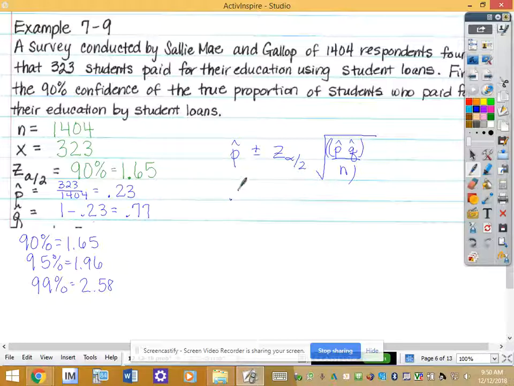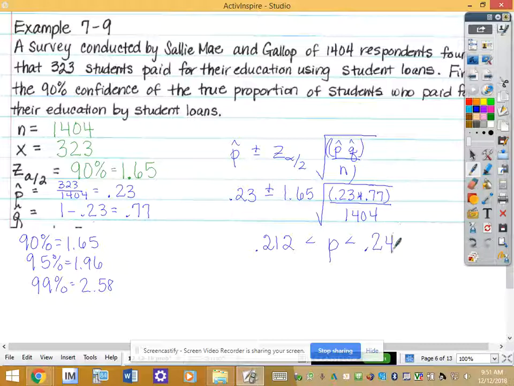So 0.23 plus or minus 1.65 to the square root of 0.23 times 0.77 divided by n, which was 1,404. When you put that in the calculator, take the time to go through and put it in the calculator. That's 0.212 for the minus side and 0.249 on the other side.